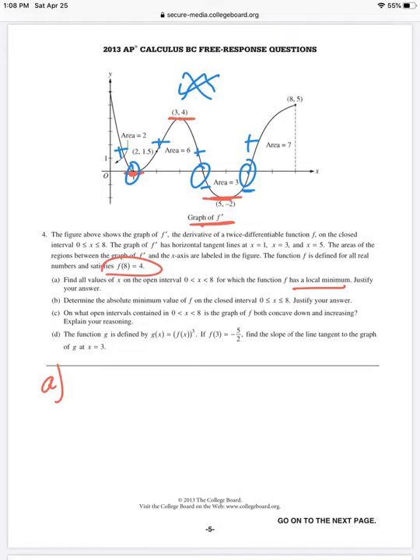So, you would say, just rewrite the question, really.